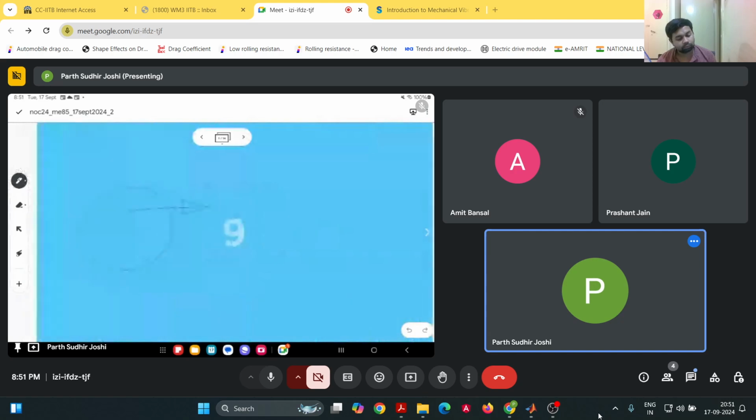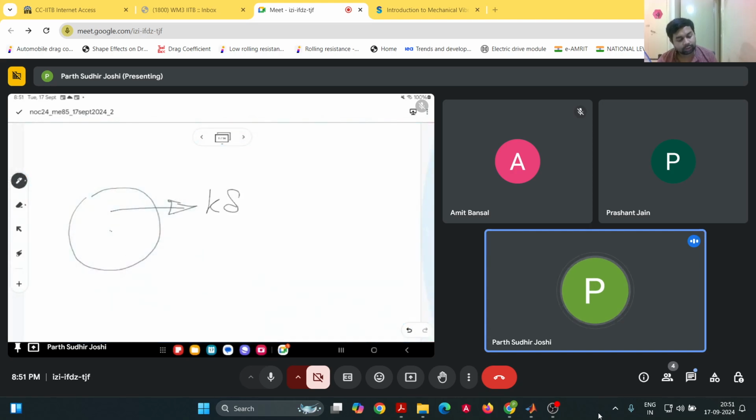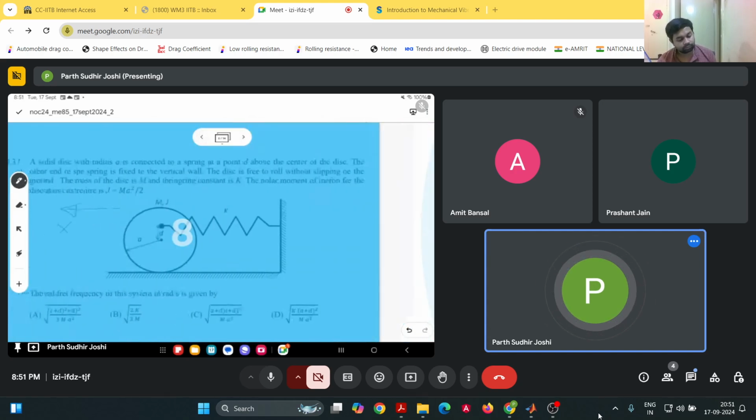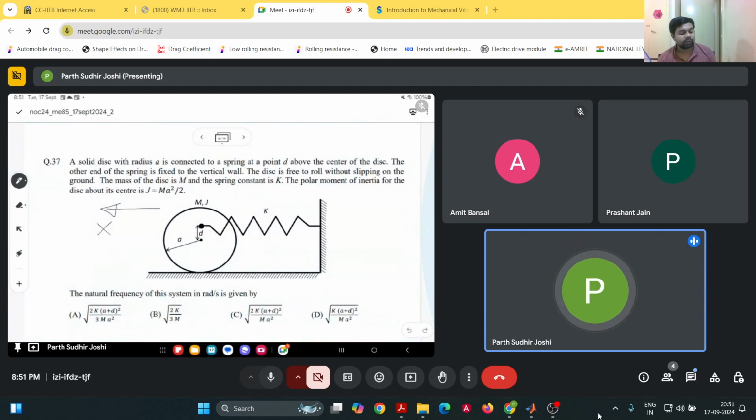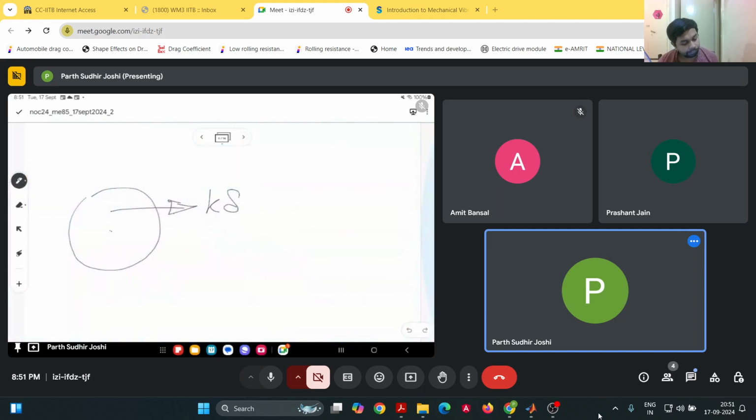So let us say k delta is acting at a distance d, and so there will be the weight W, let us say.